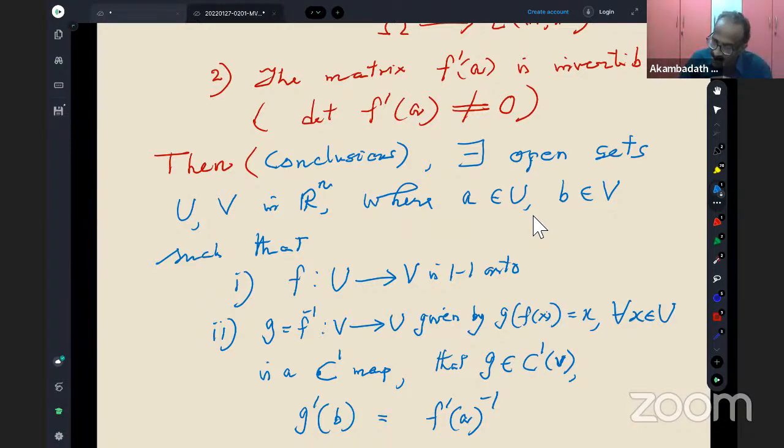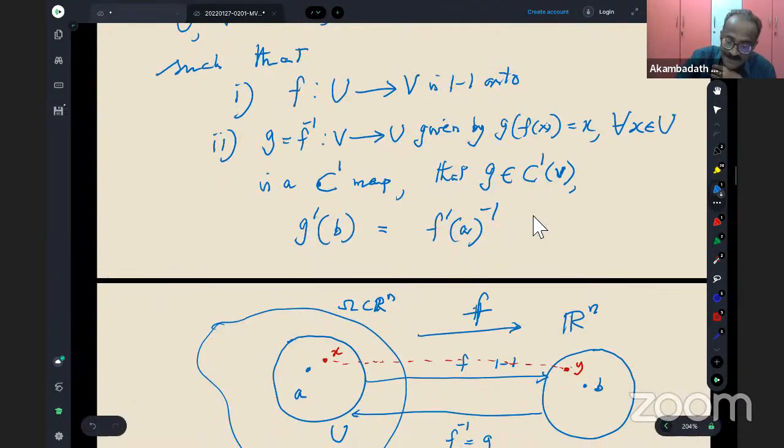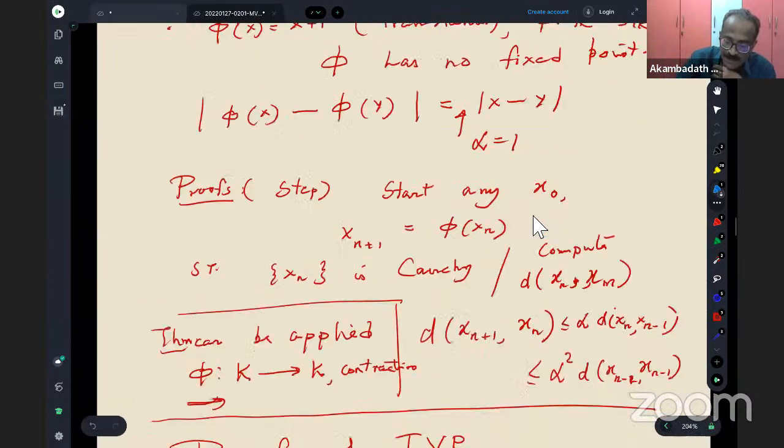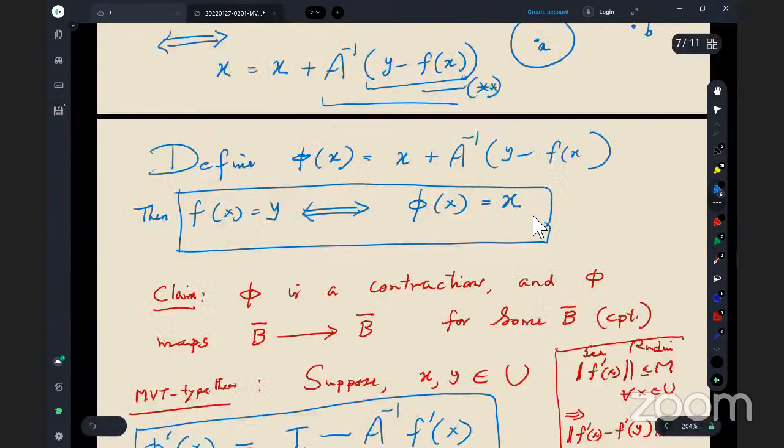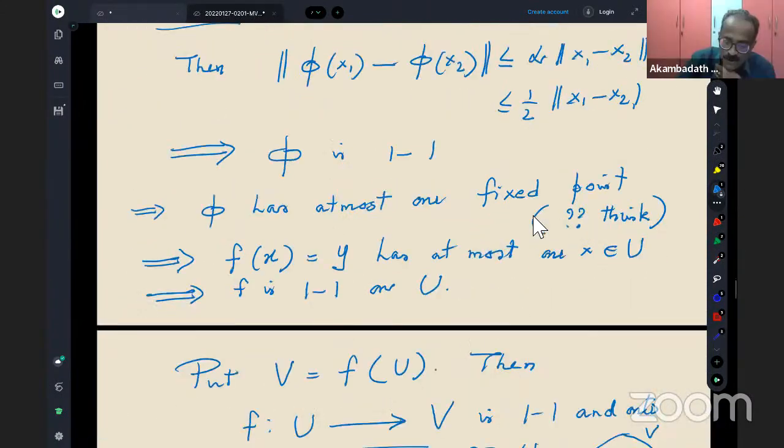Read the theorem carefully. You have to prove the existence of open sets. Where did I prove V is open?